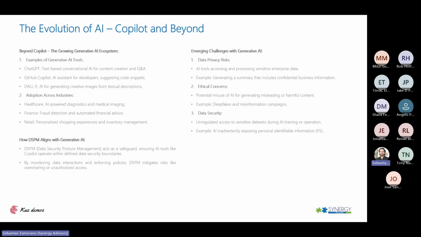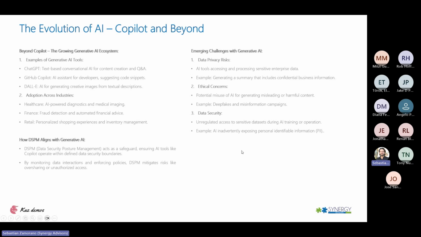We have AIs to create videos and several other things. But the emerging challenge with AI is the data privacy risk, and that is one of the points we are discussing today related to DSPM, along with ethical concerns and data security.